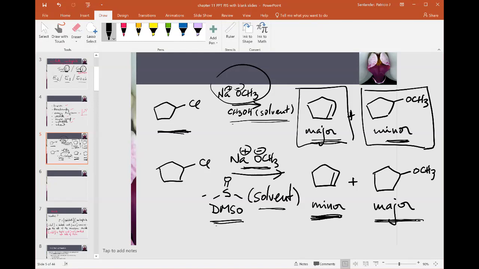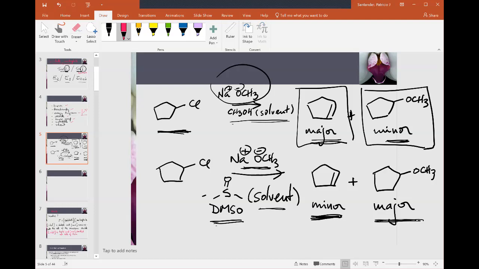So what is going on here? How come that you get different products when just changing the solvent, and not only you get one product, but you get two products every time? Well, the reason is that here we are dealing with the competition between different mechanisms of reaction.